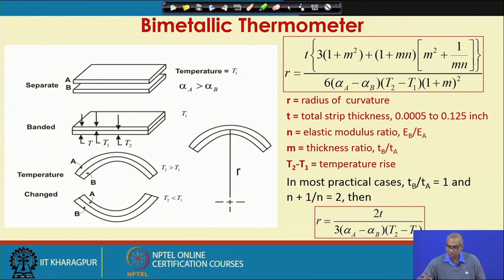This is an equation which relates this radius of curvature to different parameters related to the bimetallic strip.